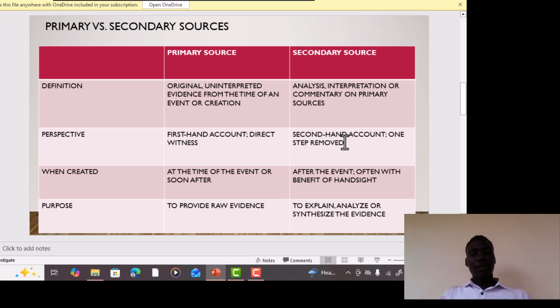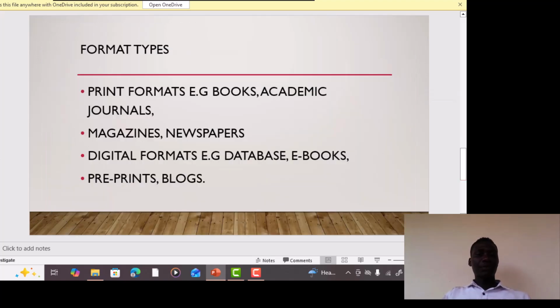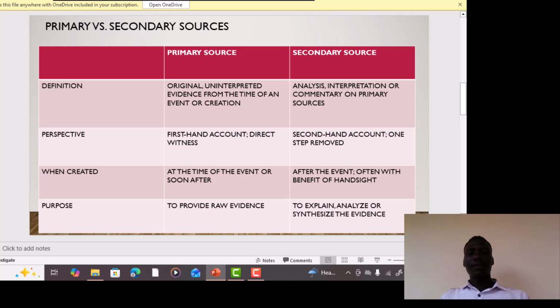Now when we talk about when this information is created: primary sources of information are created at the time of the event or soon after. Meanwhile, a secondary source of information is created after the event, often with the benefit of hindsight.